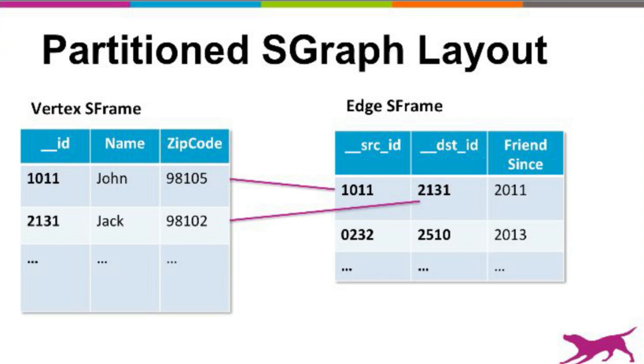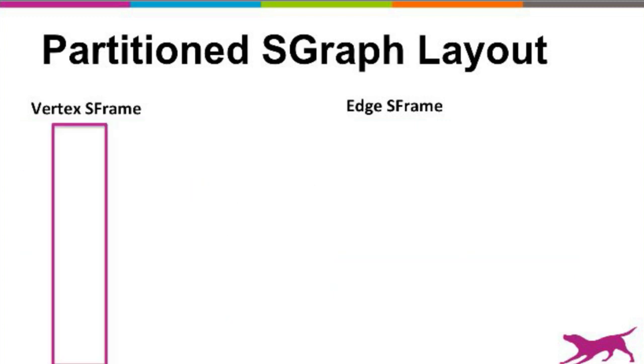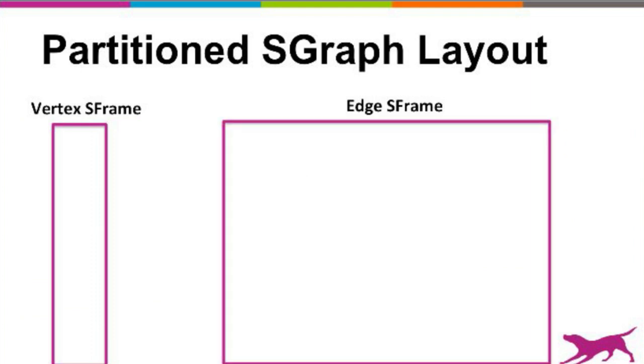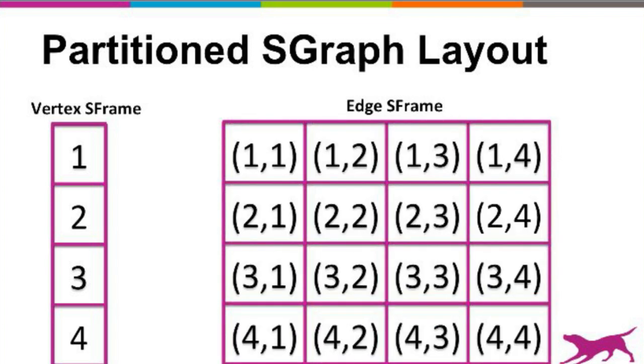a very simple layout. So having a vertex data table here, and I have an edge data table here. I'm going to cut the vertex data into p disjoint sets. In this case, p equals 4. And then I will cut all the edges into p squared partitions.